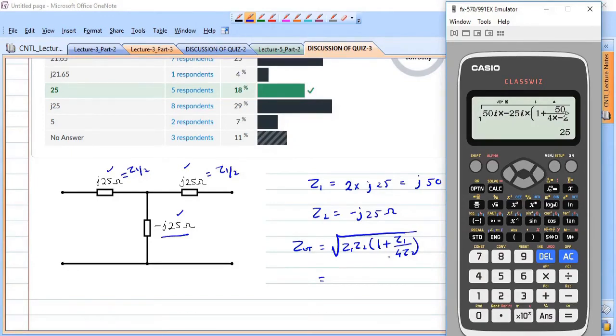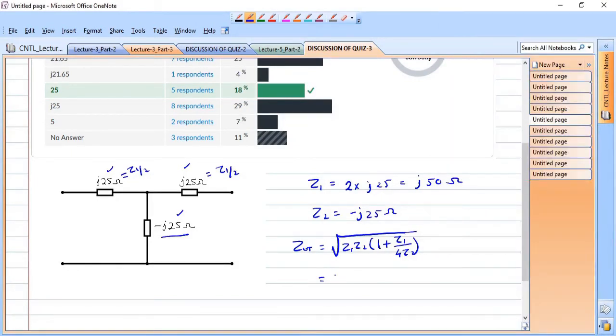So that is equal to 25 ohm. Okay, so the correct answer is this one, 25 ohm.